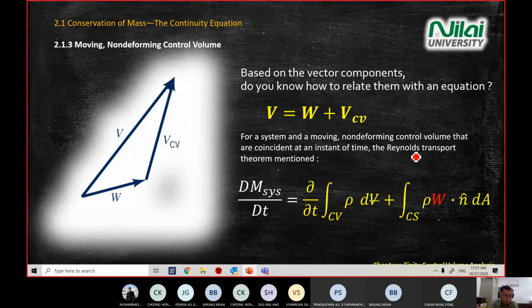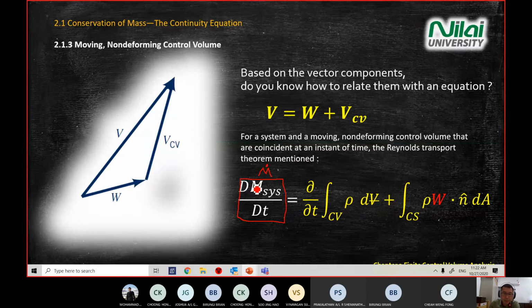Now, this is question 10 already. So when we consider a moving non-deforming CV, we pull out the Reynolds transport theorem that we derived for the continuity equation earlier. This is from our first slide, chapter 2. We mentioned the mass system, the change of mass system, or m dot system. You can write m dot for this whole thing, right?